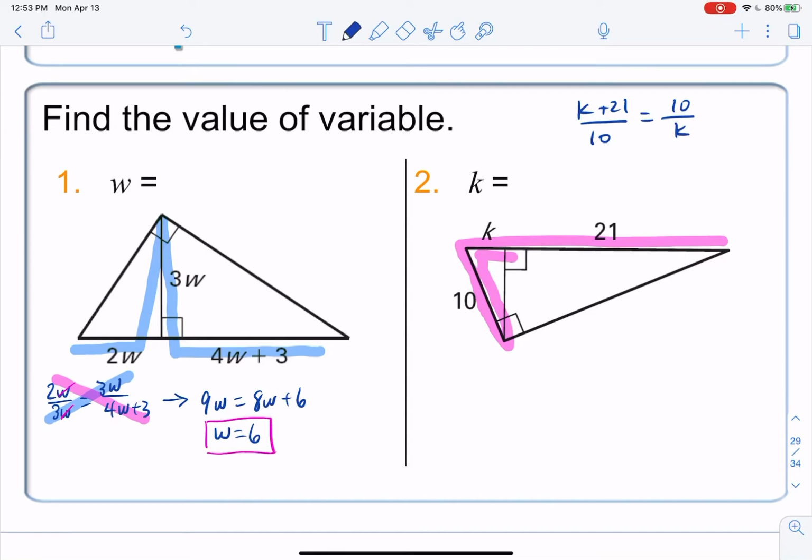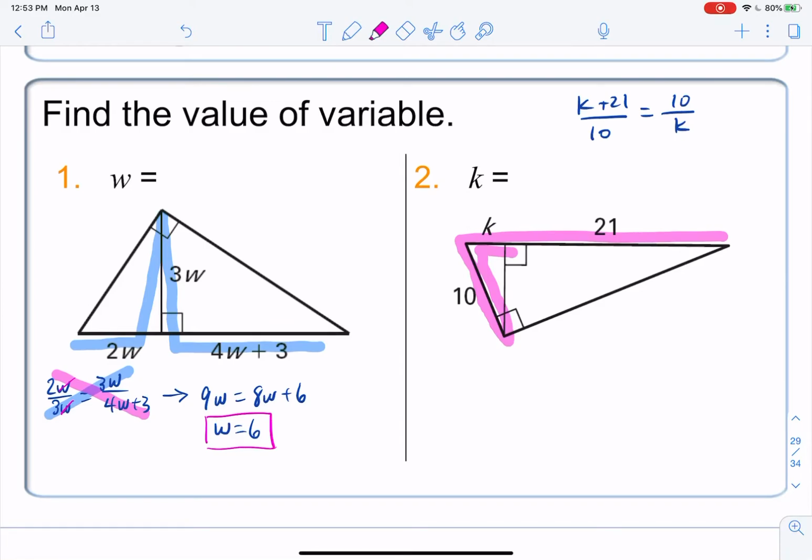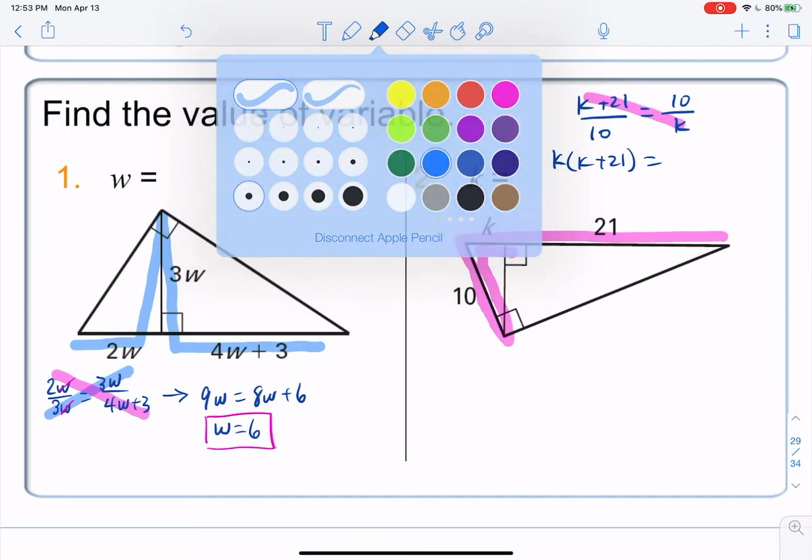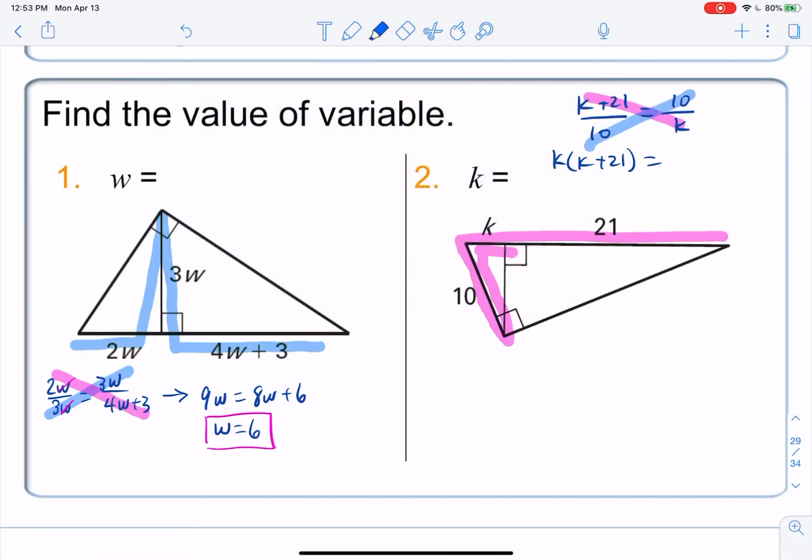And let's cross multiply. So our first cross product is k times k plus 21 should be equal to our other cross product of 100. Okay, now over here on the left-hand side, I am going to have to distribute, and it's going to make a quadratic equation.